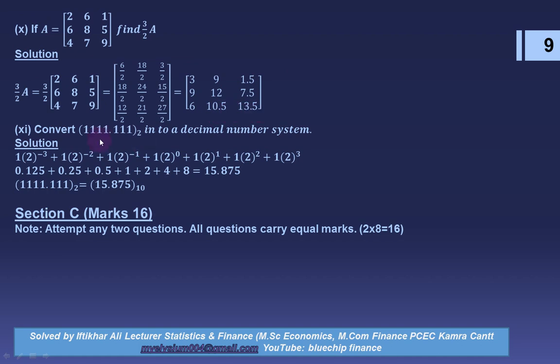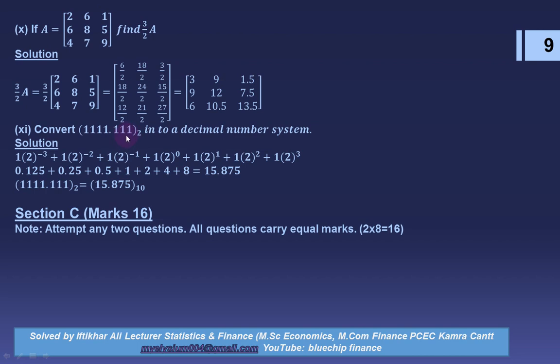Convert 1111.111 binary into a decimal number system. I already discussed in the previous paper that when we convert binary into decimal, and the binary is in fraction or point form, then we always start from the extreme right, and for the numbers that appear after the point we take the power in minus form.